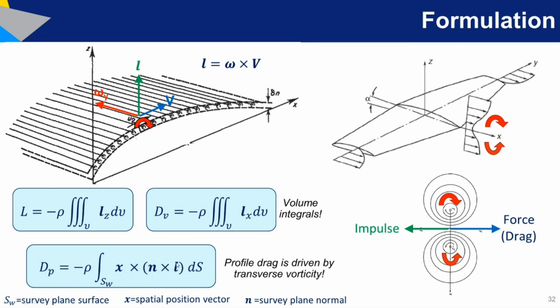So again, the lambda vector contains all the physics. It explains lift, it explains vortex drag, and it also explains profile drag. And again, it is intimately related to vorticity. If you go back to the far field methods, you realize that Maskell also explained vortex drag based on vorticity, and also explained lift based on vorticity.